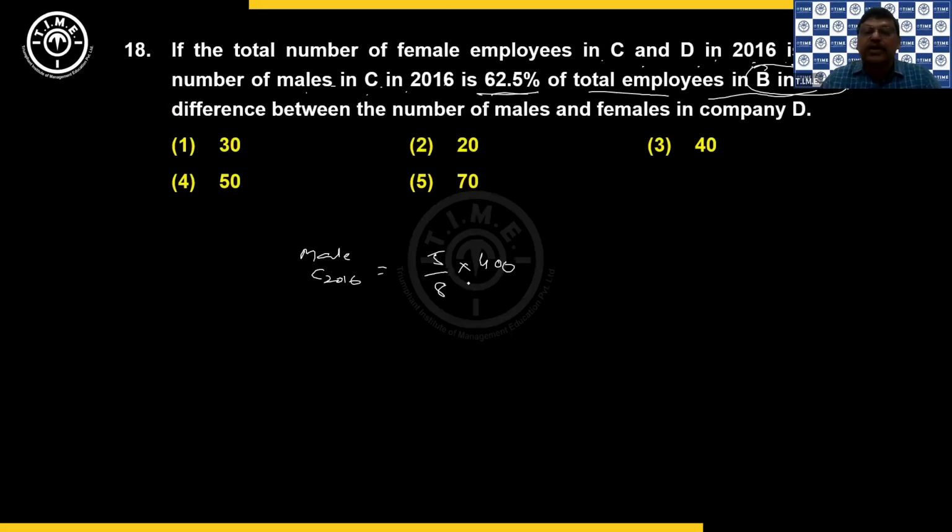So if you take 5 by 8 of 400, it is 250. So male employees in C in 2016 is 250. But what is total employees in C in 2016?